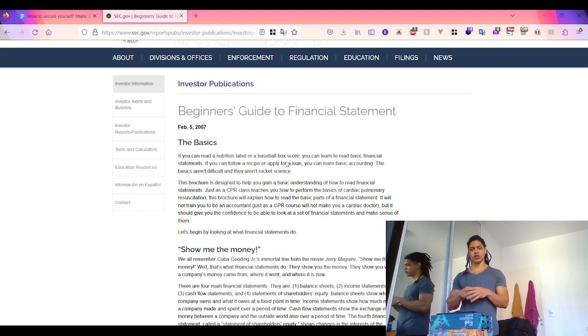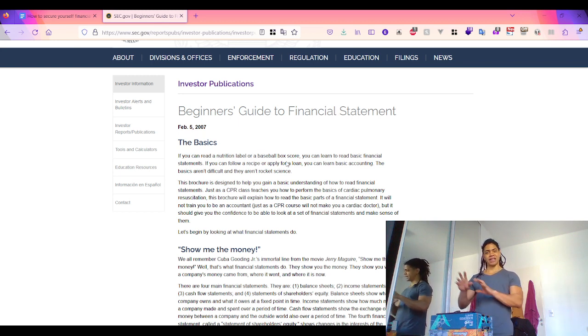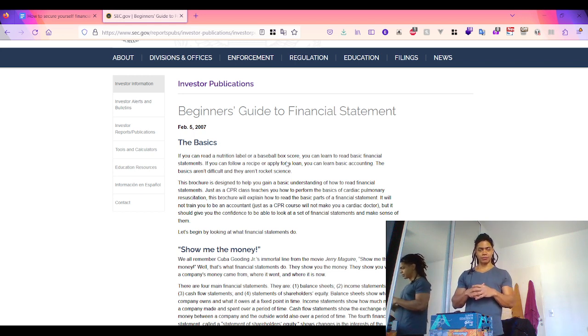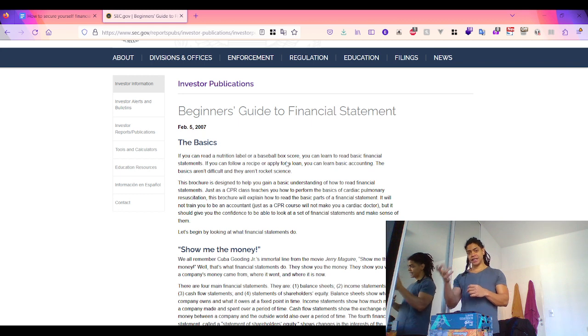And the equity shows the amount of money that would be left if, hypothetically, the company liquidated all of its assets and paid off all its debt, so that the leftover money belongs to the shareholders. So generally this is the formula: assets are equal to liabilities plus the shareholders' equity.